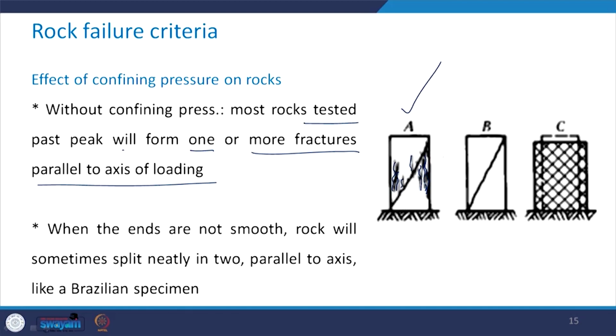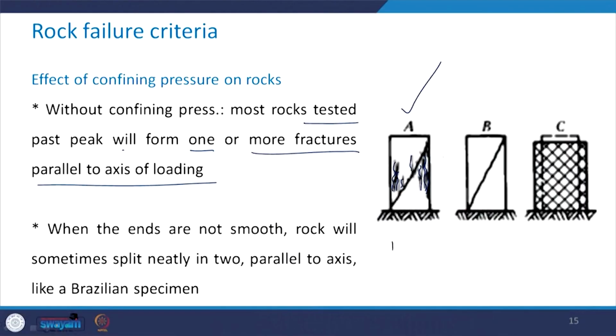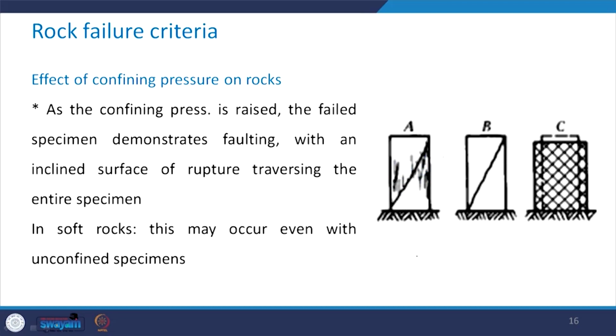When the ends are not smooth, the rock will sometimes split in nearly two, parallel to the axis, like a Brazilian specimen. So in this case, it will be like one piece and this is going to be the other piece. Just in case the ends are not smooth, you can get this type of situation.